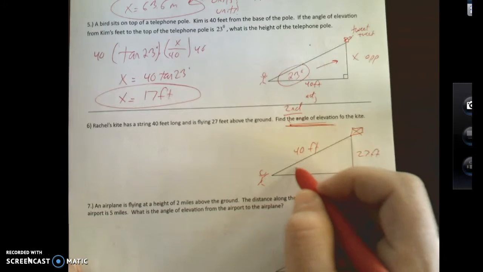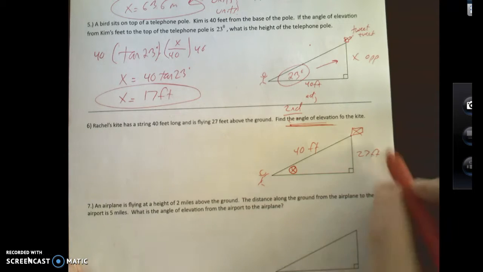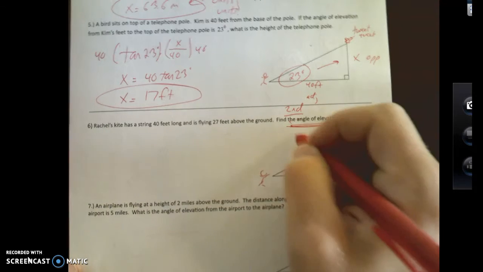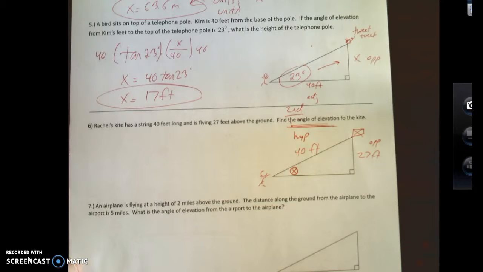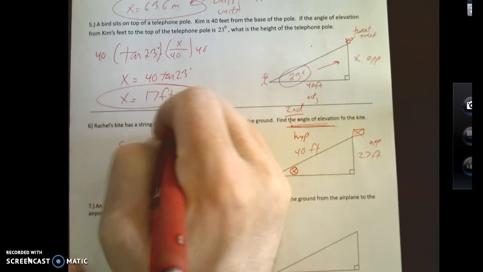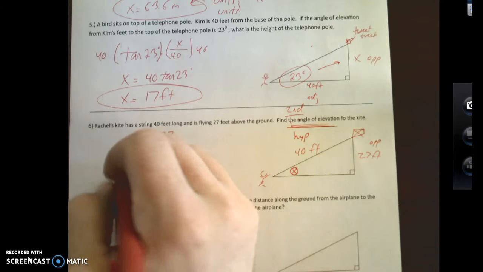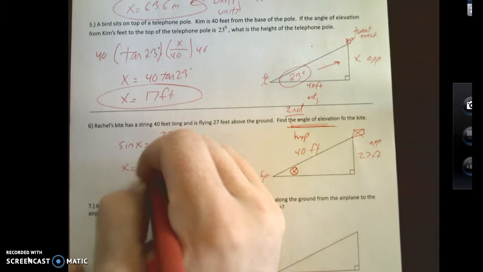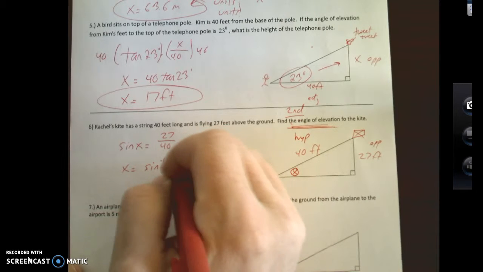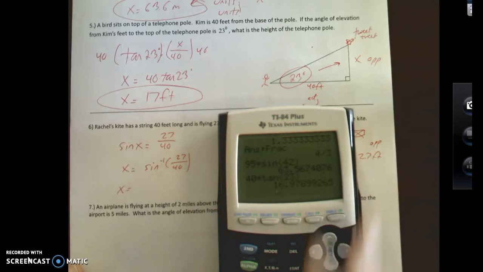Well, ladies and gentlemen, the angle of elevation is always where the ground is, right here. Call that x. So there's my angle. Across from it is opposite. There's my hypotenuse. Which trig ratio uses O and H? Sine. So sine of x equals O over H. Trying to find the angle, sine inverse of 27 over 40.